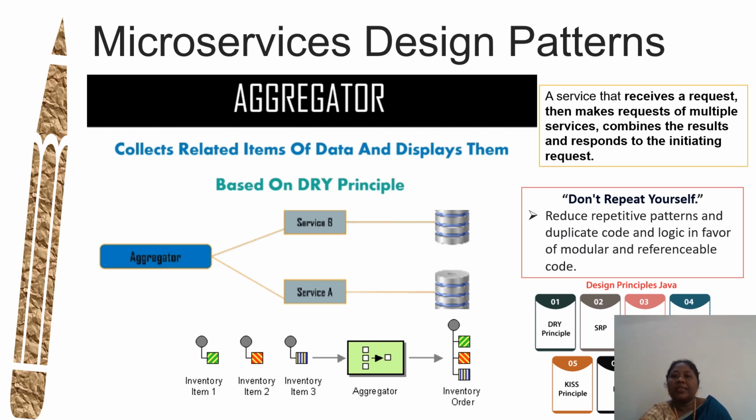A service that receives a request, then makes requests of multiple services, combines the results and responds to the initiating request. This is how the aggregator based design pattern you can incorporate while you design certain applications.